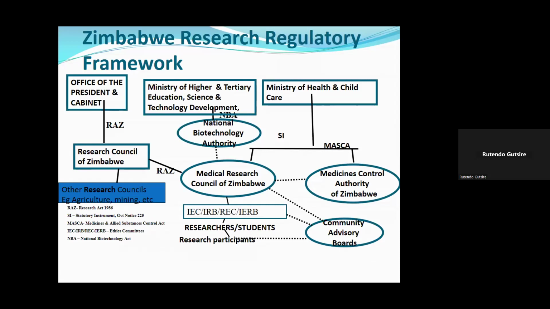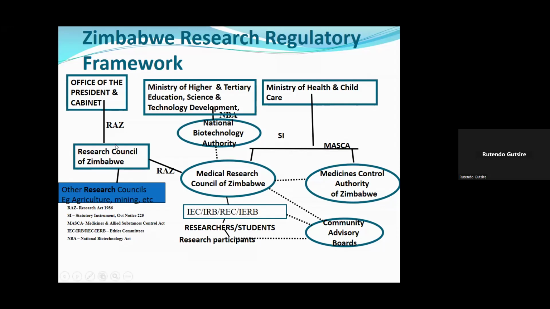They give permission, permits, or approval for studies that involve use of biomedically engineered products like vaccines. If you want to do a vaccine study, you need to get that approval. And if a study involves foreign researchers, they have to be registered. You need to check.